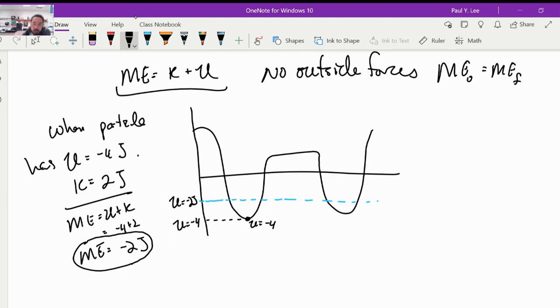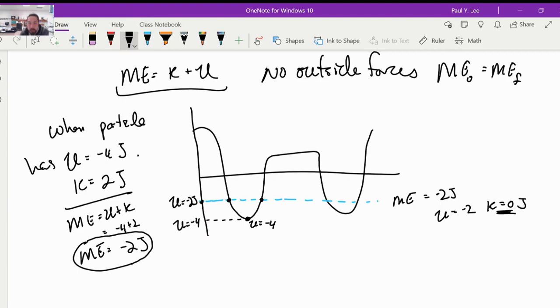So what that line represents, okay, is that here, this is the ME. That line is ME of -2. So if you have a total energy of -2 joules and the potential is -2 joules, that means here, okay, U is equal to -2. Therefore, K is equal to 0 joules, meaning that if you have a total energy of -2 joules, at the point where your potential energy is -2, your kinetic will always be 0.